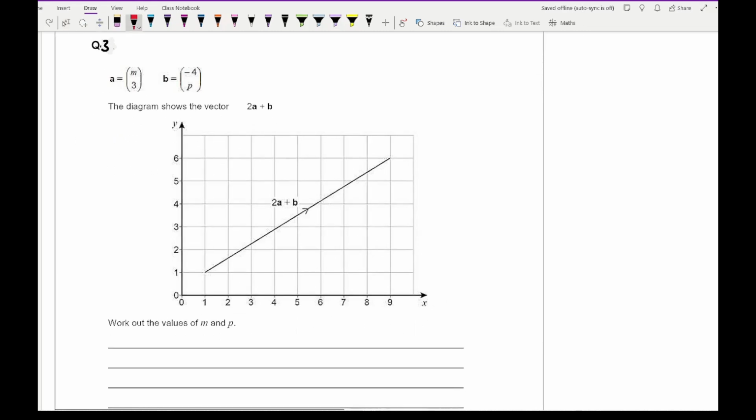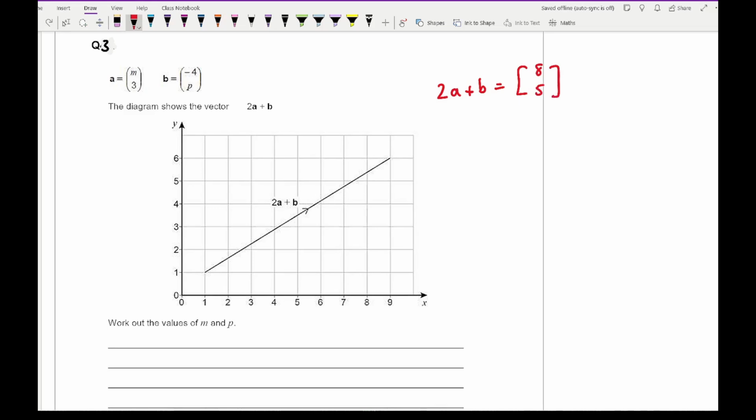So what we've got is we know that 2 lots of A plus B is equal to this column vector, which, working this out, going across, is going to be 8, 5.